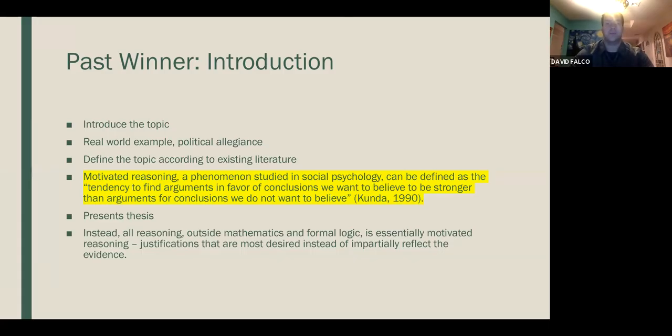Just from being in psychology graduate programs and seeing what a lot of social psychologists care about, there is a lot of skepticism or curiosity about modern day politics, and bringing in this example is a really good way of showing how motivated reasoning is related to a concept that is so topical at the moment.